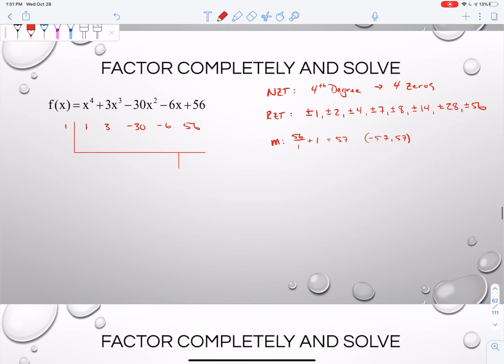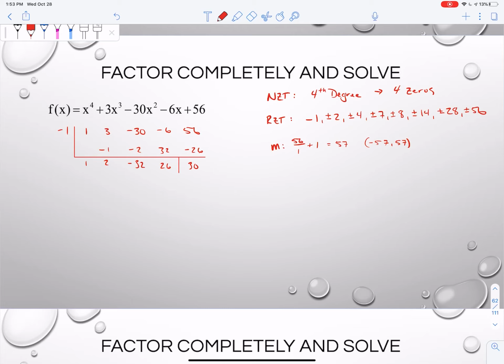Let's try negative 1. So negative 1, we're going to go through. So I got 1, negative 1, 2, negative 2, negative 32, 32, 26, negative 26, and 30. So again, here I had a negative value. I know my remainder is something other than 0, so I know this isn't going to work.